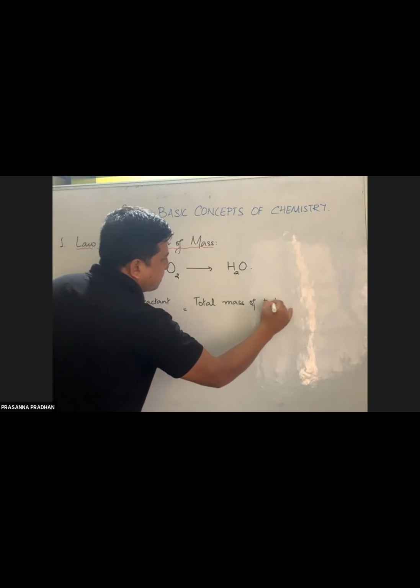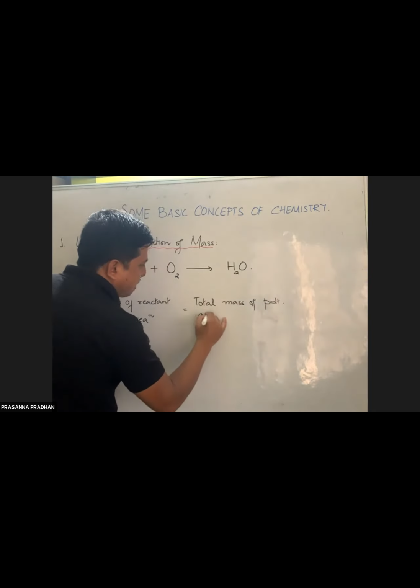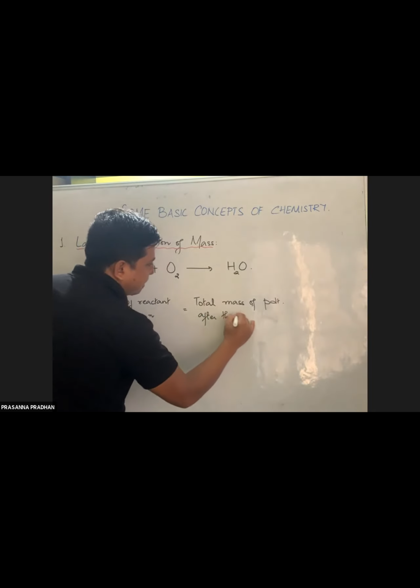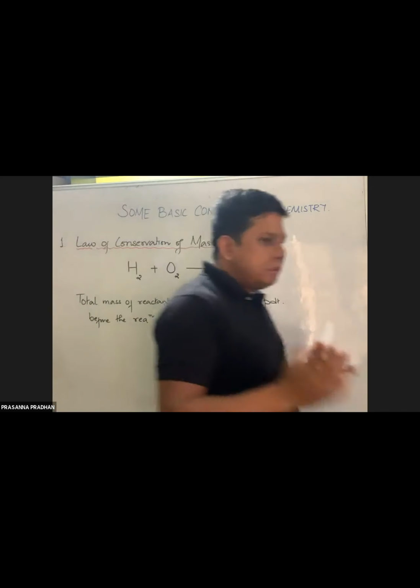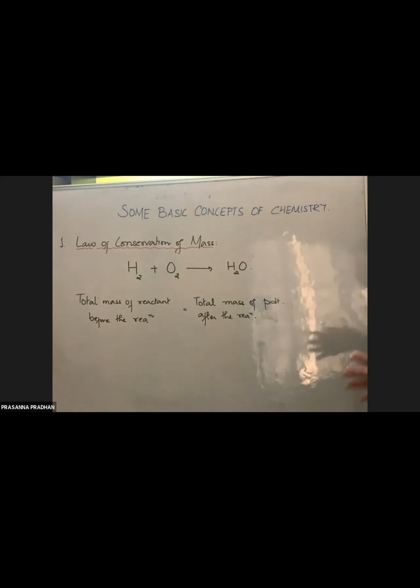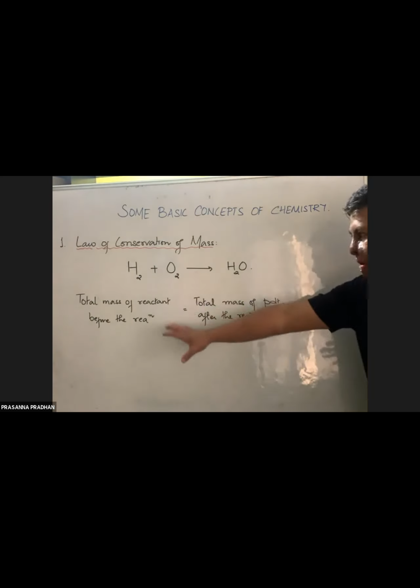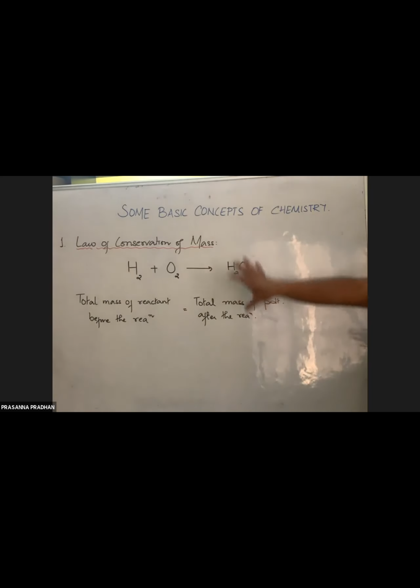Obviously, products after the reaction. So according to this law, the total mass before a chemical reaction should be equal to the total mass of the product after the reaction.